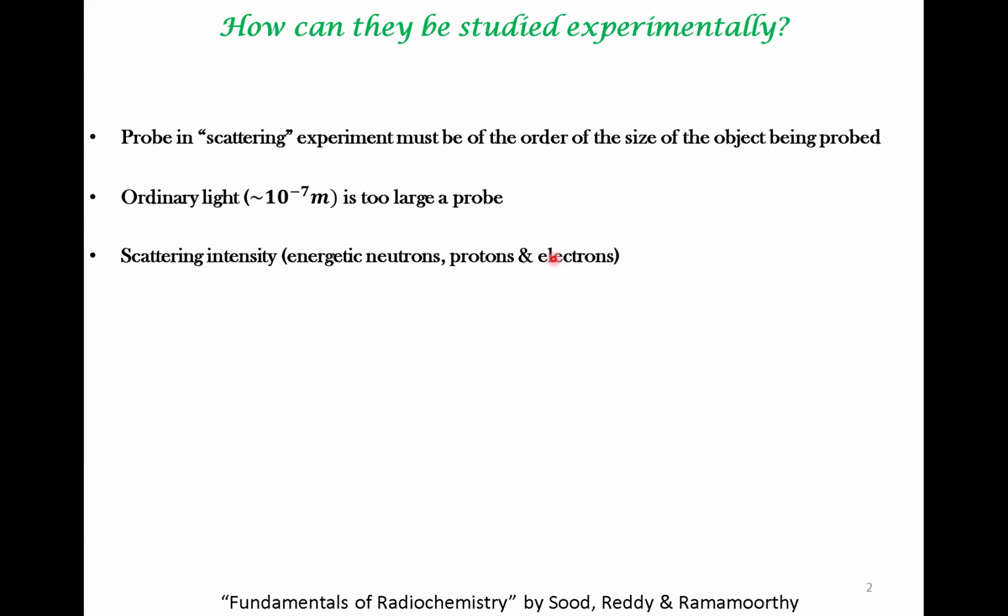We know the form of the Coulombic interaction, but the interaction of neutrons with the nucleus is not that well understood because we still do not have a good understanding of strong nuclear forces.